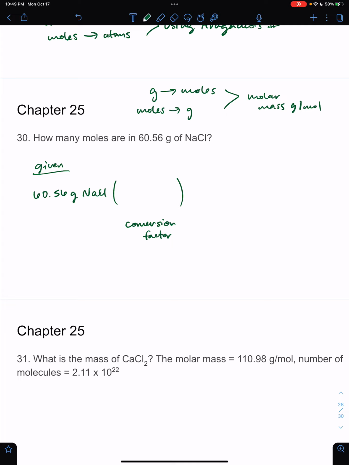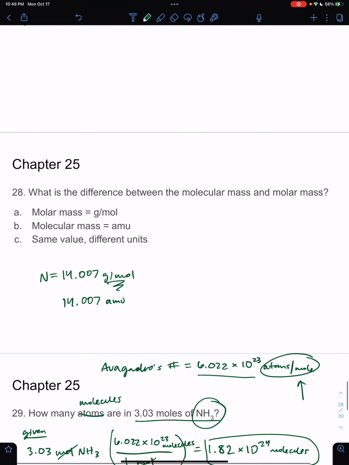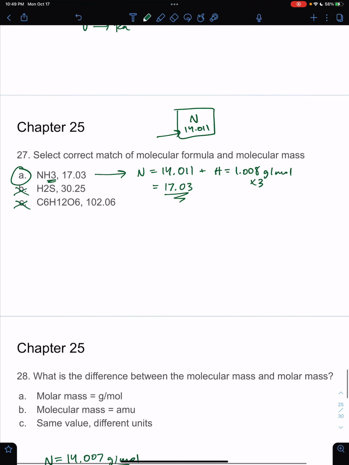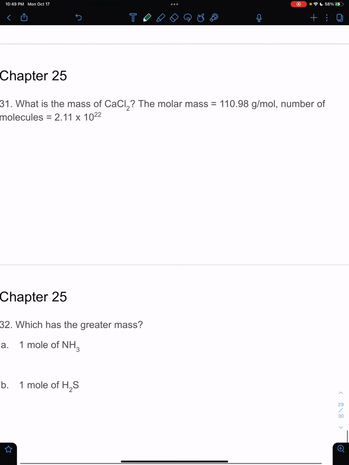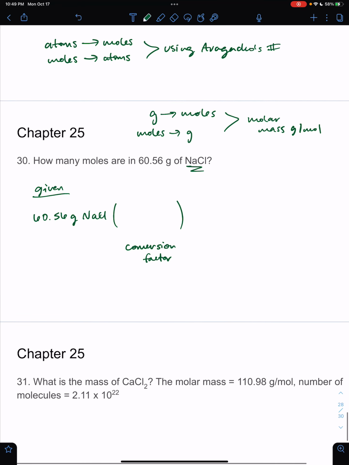So for this one, we're going to have to add up the molar mass like we did in this question. So the molar mass of sodium, let me look that up real quick.